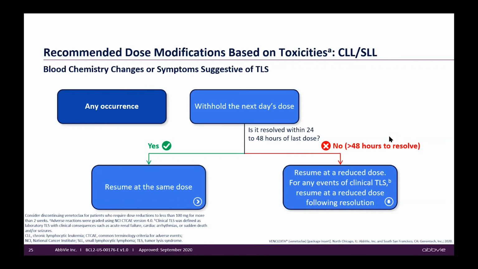However, if the abnormalities don't resolve after 48 hours, then when we restart after they do resolve, we would want to reduce to the next lowest dose level. And of course, the decision-making process with the medical team can occur later on whether or not to re-escalate the patient.